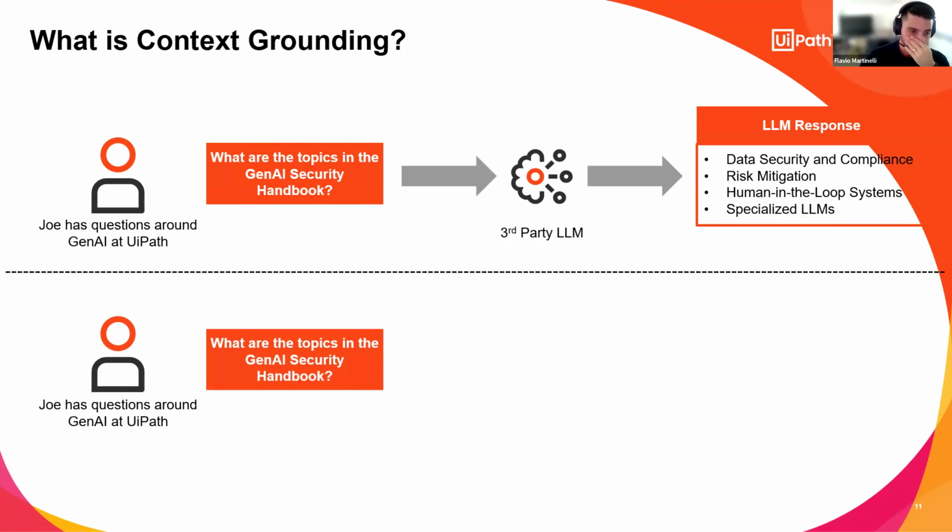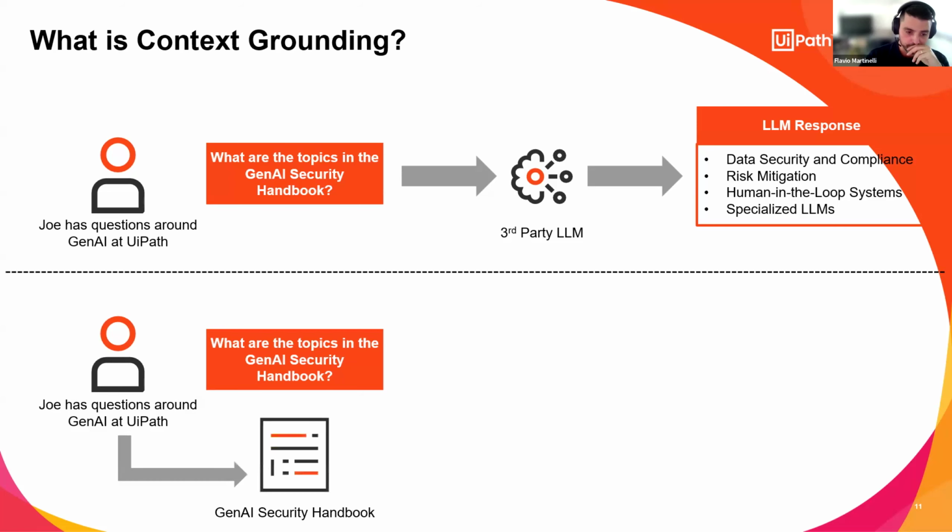But what happens if we introduce our information into the GenAI? It means that I can tell my GenAI to give me an answer based on information it can search in particular documentation. What is the benefit of it?